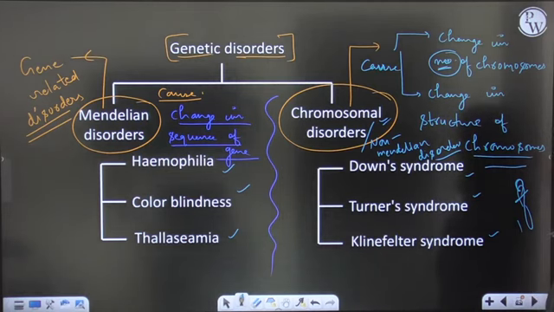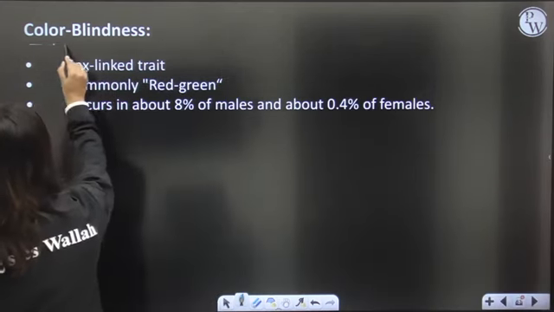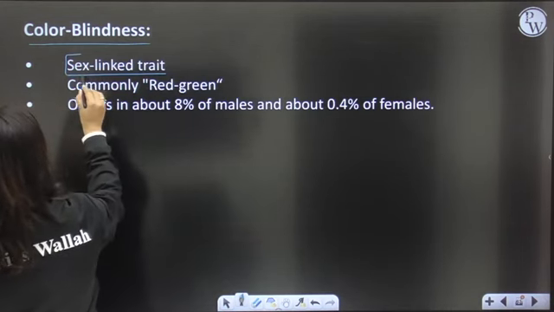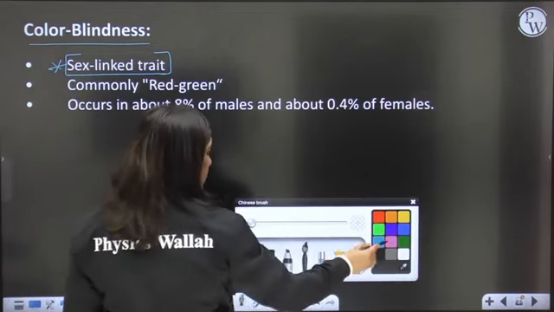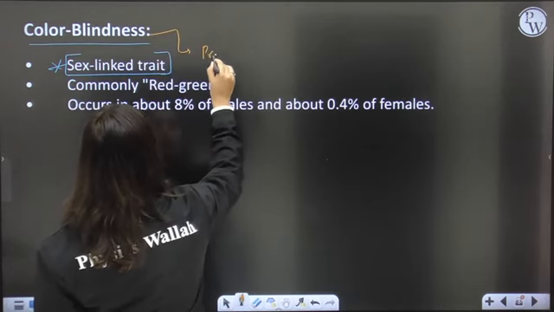So let's discuss them one by one. Color blindness. Color blindness is a sex-linked trait. Now you understand the meaning of sex-linked inheritance. That means the gene of color blindness is present on the X chromosome.